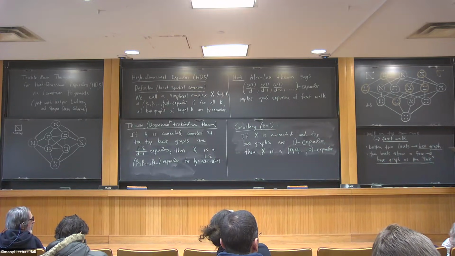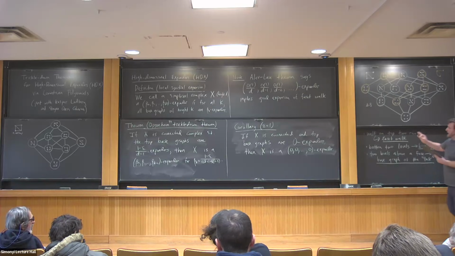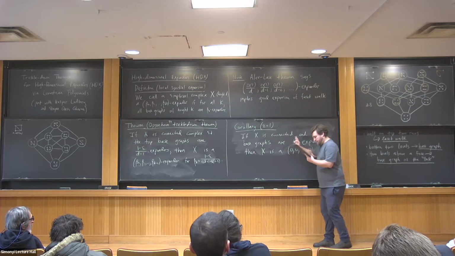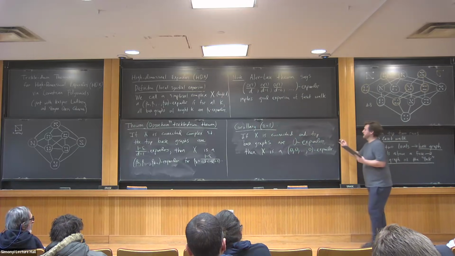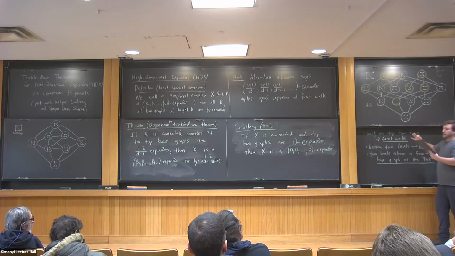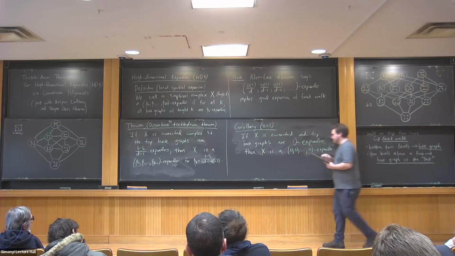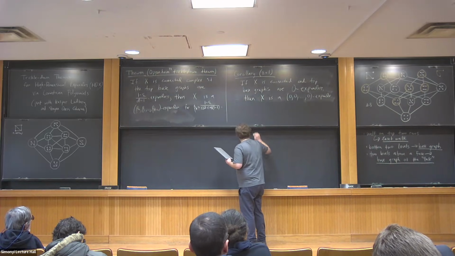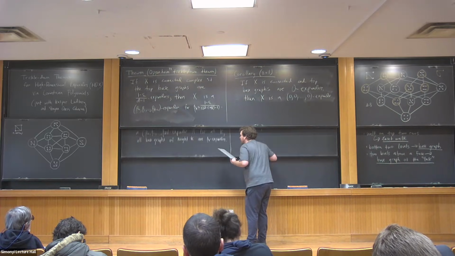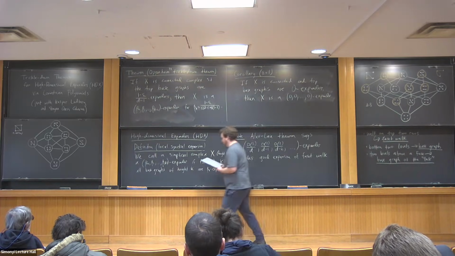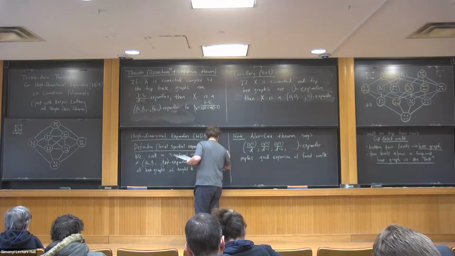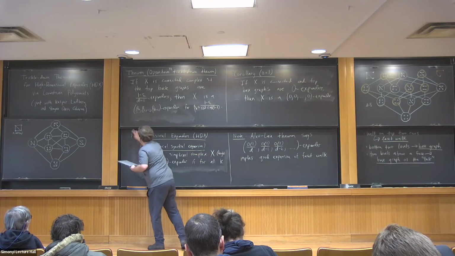Okay, and so what we're going to do now is I'm going to sketch a proof of this, and I'm also going to sketch a proof of the fact that you get this expansion for the spanning tree case. So those are going to kind of happen at the same time. Okay, so to do that, I'm going to introduce the last thing in the title that I haven't talked about yet, which is Lorentzian polynomials.